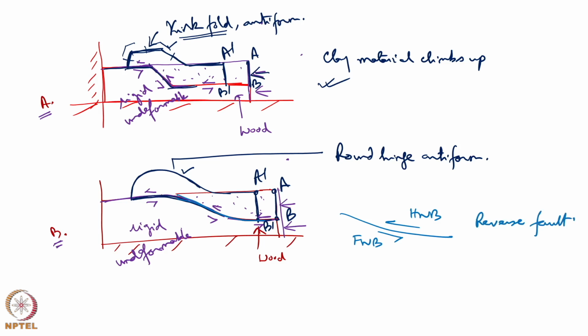In this case, if I take this portion, the foot wall block goes down with respect to the hanging wall block, and it defines also a reverse fault. These diagrams we will revisit when we do the cross section balancing.